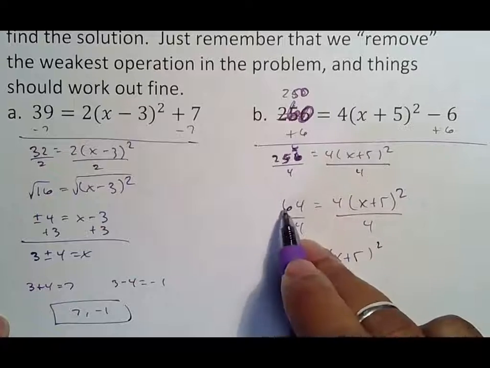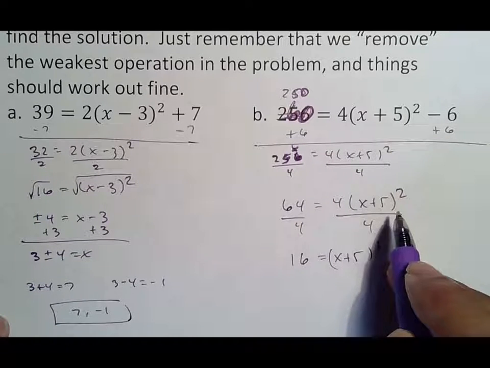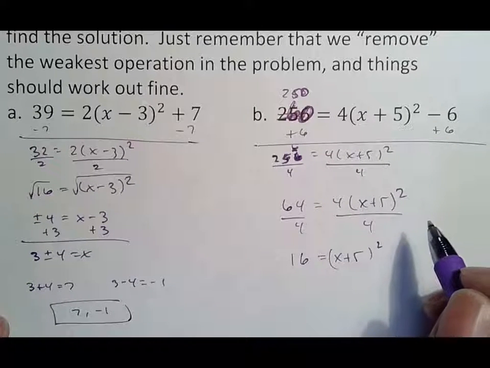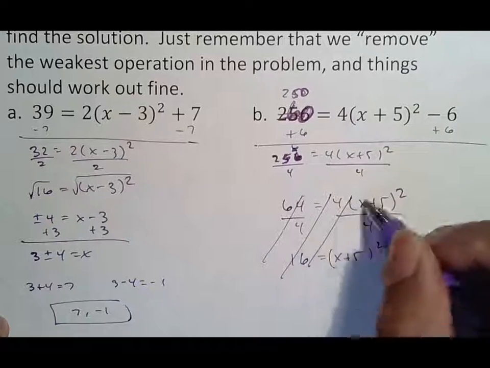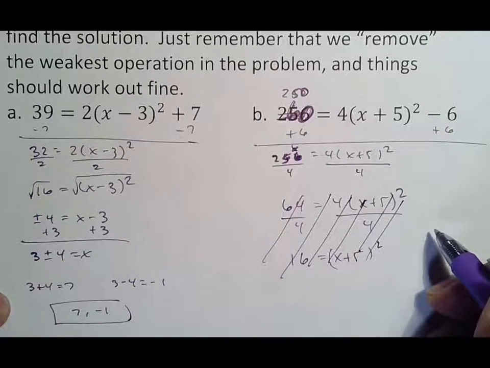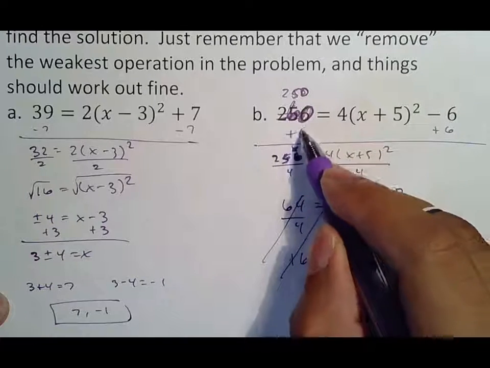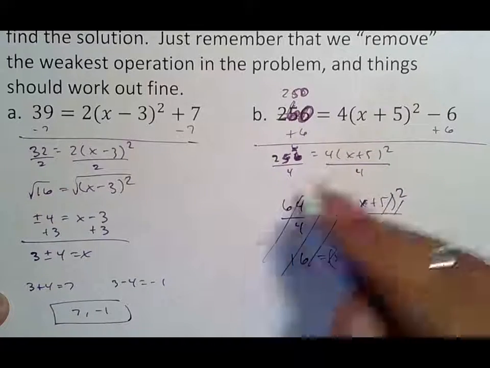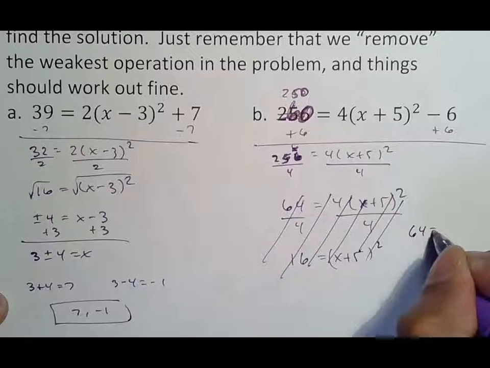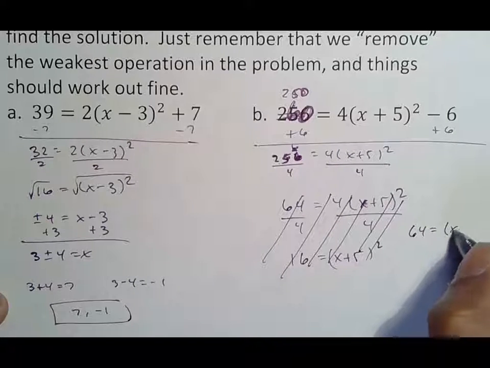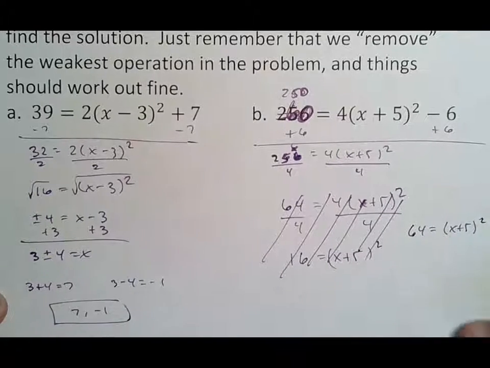Divide by 4, we got this. I divided by 4 already. I'm silly. Here I go again. Okay. Add 6. That's why I went back, because it just seemed to be weird. Add 6, 256. Divide by 4. And that's what we end up with.